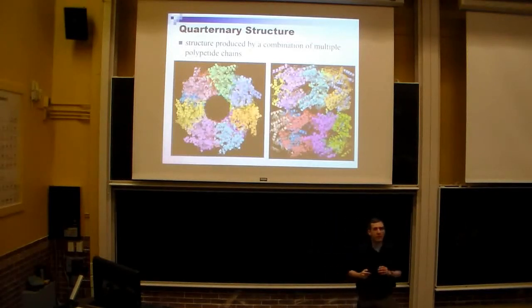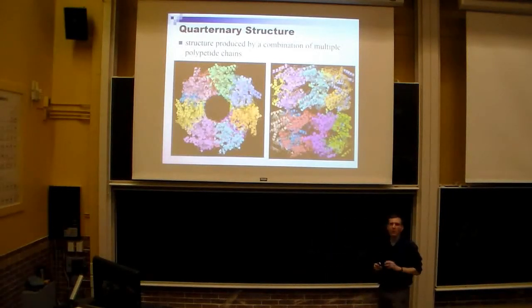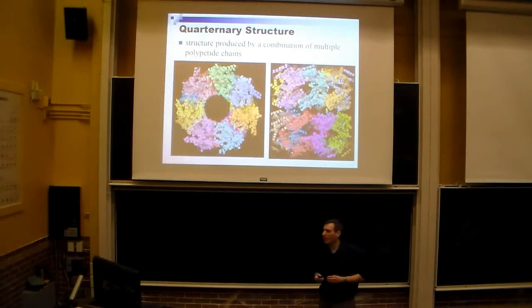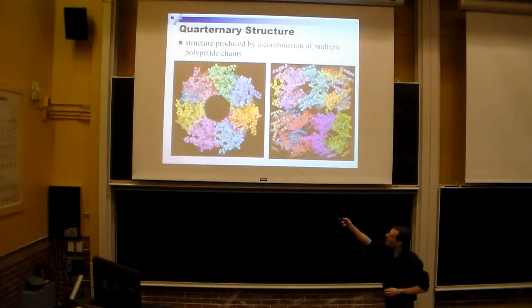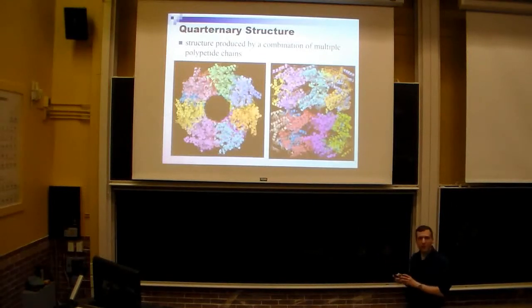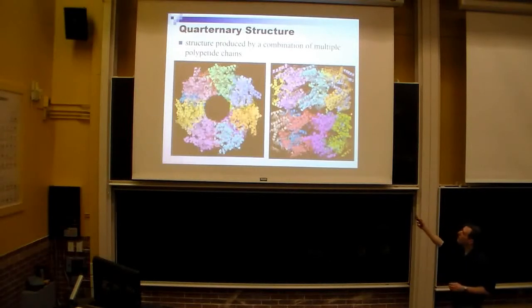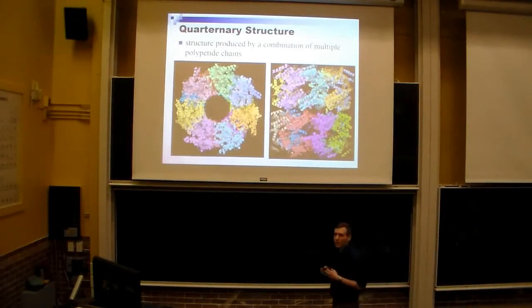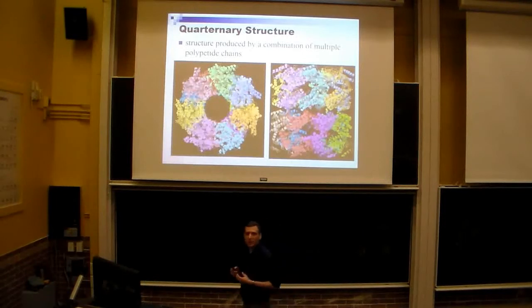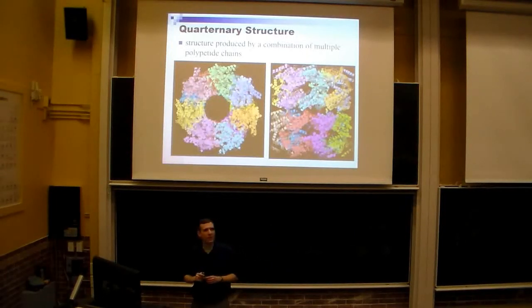Most proteins function as parts of complexes with other proteins, maybe other kinds of molecules, nucleic acids, small molecules, and so forth. And it may be that a given protein is actually involved at different times in multiple quaternary structures. So just be aware that if you're interested in the functional protein, it's probably something like this, and you probably need to know about how it's interacting with its binding partners in these structures if you really want to understand functionally how that protein works. Questions about that?